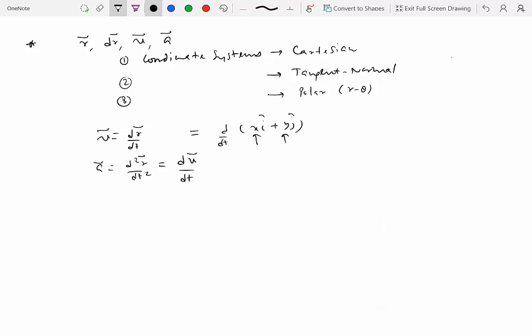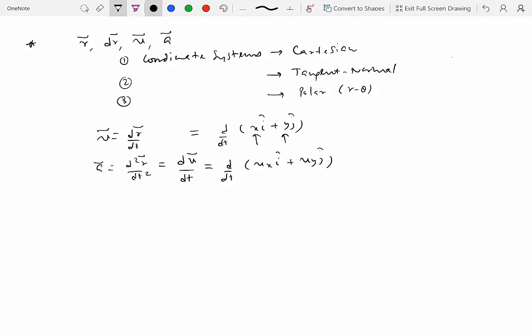If you know r given as x i hat plus y j hat as a function of time, you could differentiate it once and get the velocity. Then you could differentiate the x component and y component of velocity, which would also be functions of time, to get the acceleration.